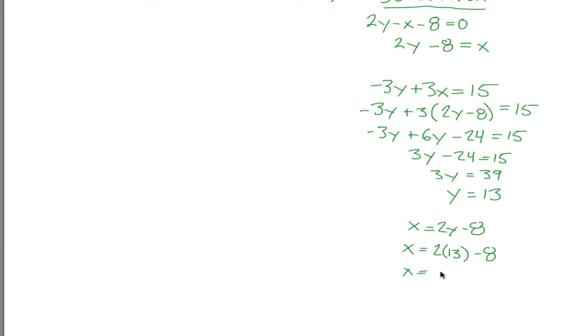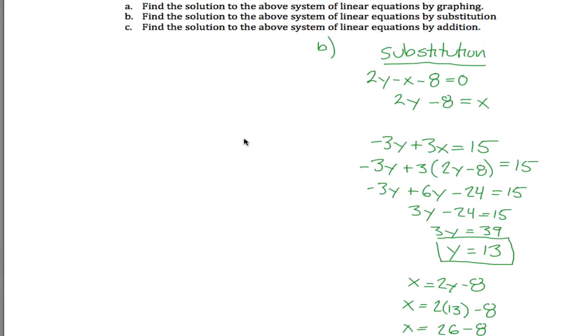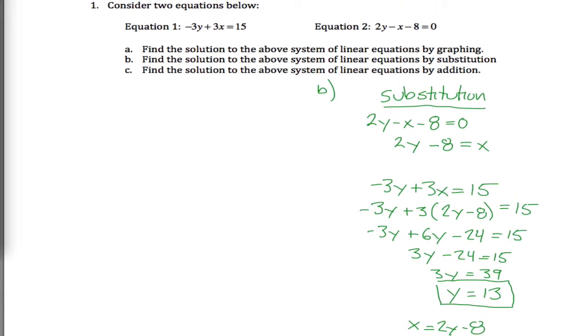We can solve that. 2 times 13 is 26. And 26 minus 8, we can get 18. So we get x equals 18 and y equals 13 for our solution. And now that we know the solution, we can do this 2 more ways, by graphing and by addition.